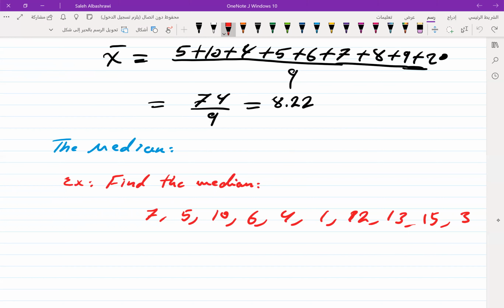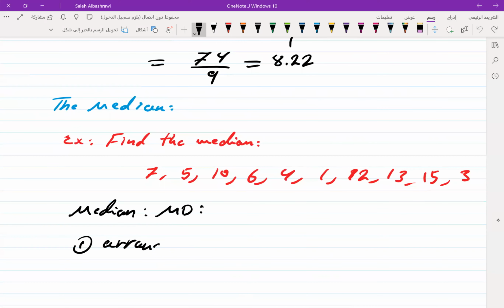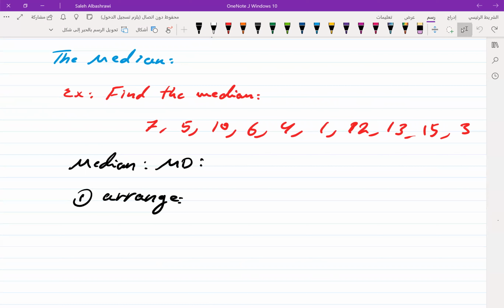Now to find the median for this one, we have to arrange. So step number 1, arrange the values, either ascending or descending, from the lowest to the highest or from the highest to the lowest.